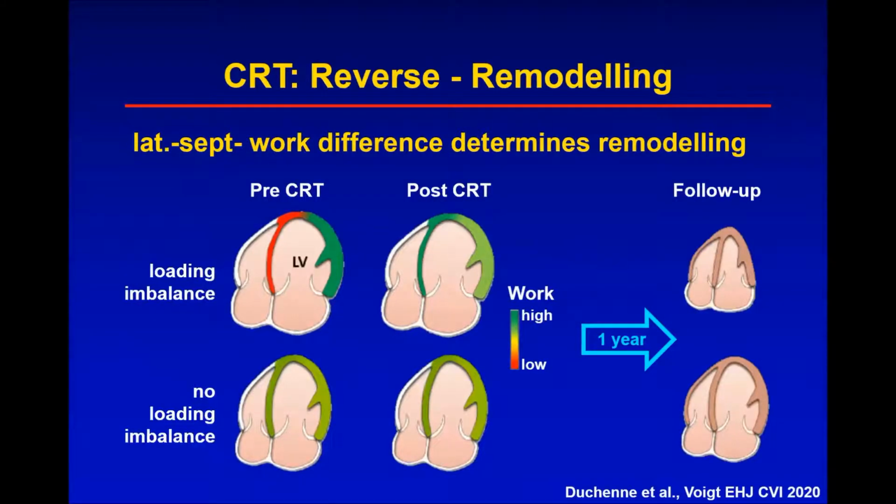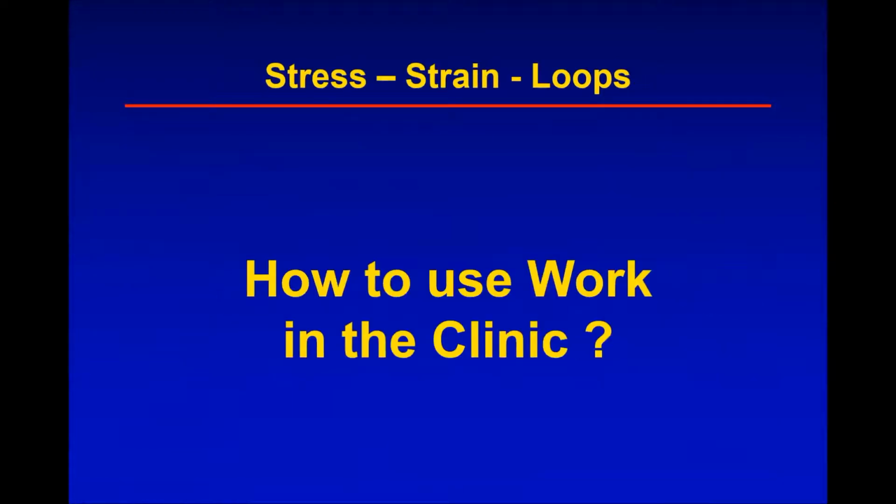In other words, if we have a high load imbalance and we can homogenize that, then as it is shown here in the upper panel, pre-CRT, post-CRT, then after 1 year we have a nice reverse remodeling of the heart. If we have no such loading imbalance, and if we cannot change that, then after 1 year we have no remodeling. So can we use that in the clinic?